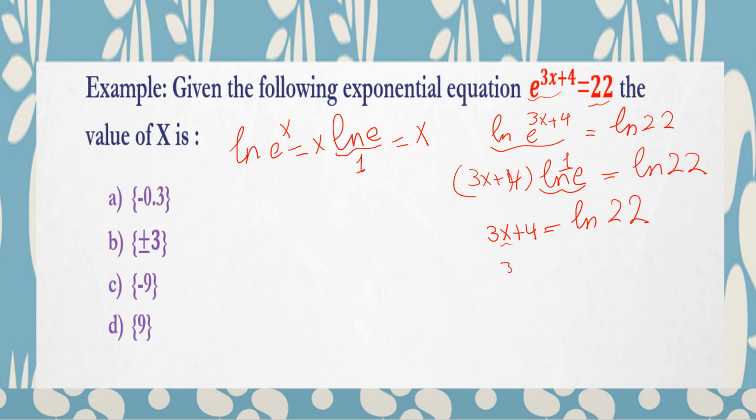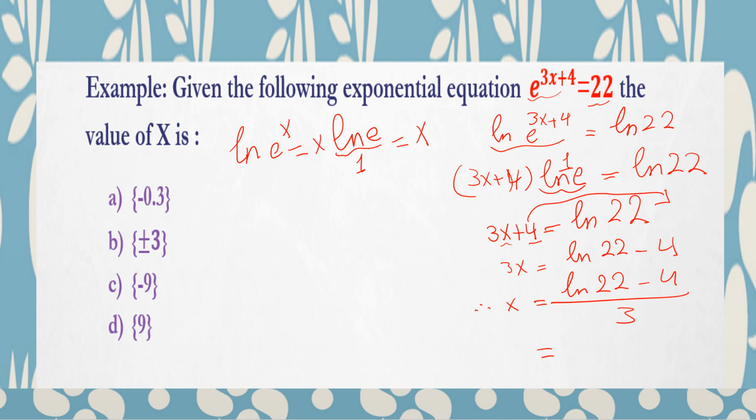So 3x equals ln 22 minus 4, we take 4 to the other side with a negative sign, and x equals ln 22 minus 4 over 3, and this equals minus 0.3. And the correct answer is A.